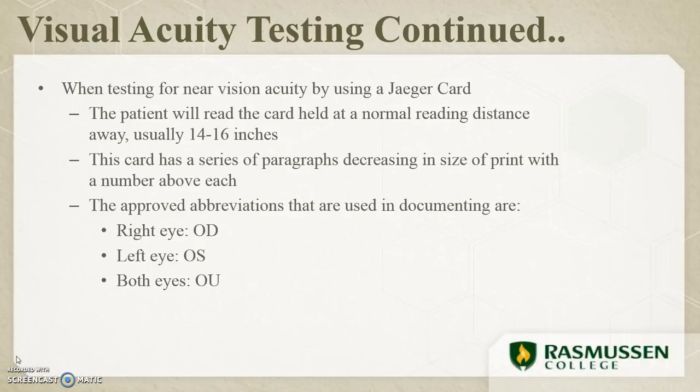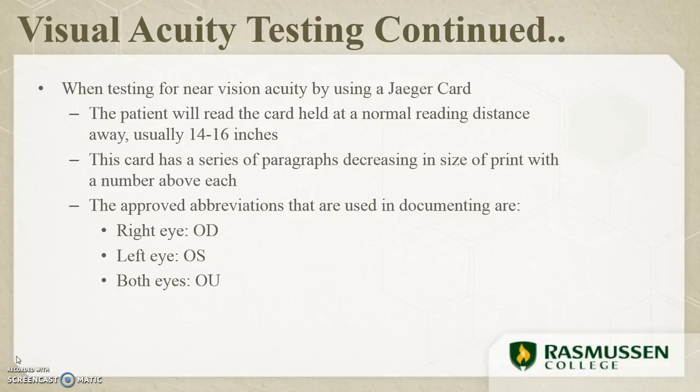Next vision acuity test we have is called the near vision test. This test is done when patients typically have problems reading or performing tasks up close. This type of test is done using a Jaeger chart, and the patient will read the card held at a normal reading distance away from them, which is typically 14 to 16 inches.